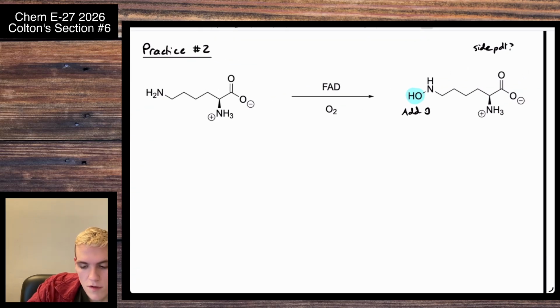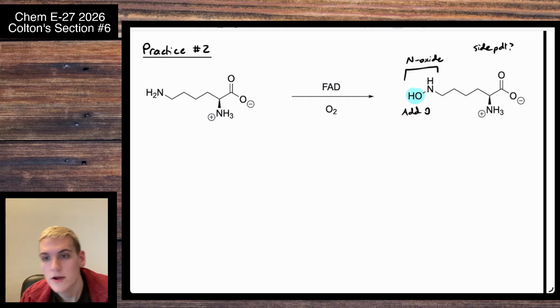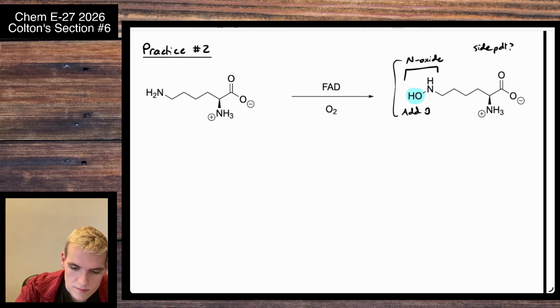And then more than that, what is the name of this, where we have an oxygen attached to the nitrogen? This one, we don't have the charges on it because this is not a tertiary amine. But this is still an N-oxide, which is a really common product of a monooxygenase. So these are our tip-offs that we are doing an FMO reaction.